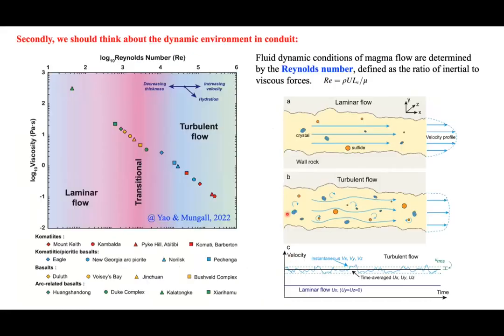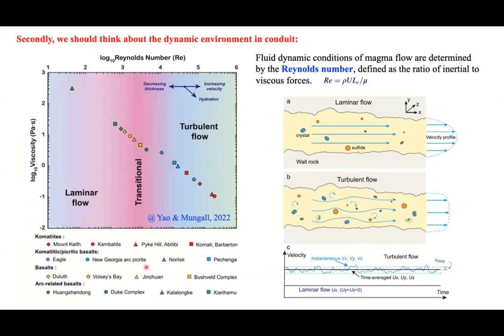And secondly, we should rethink the fluid dynamic environment of this system. The fluid dynamic condition of the magma flow is determined by the Reynolds number. It's defined as the ratio between the inertial and the viscous force.